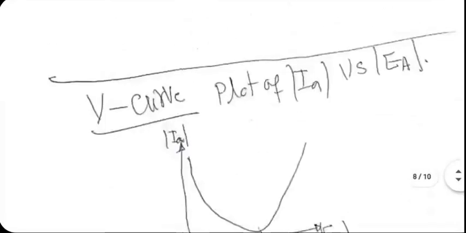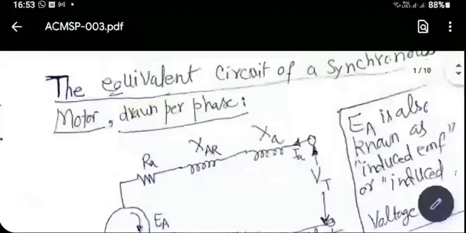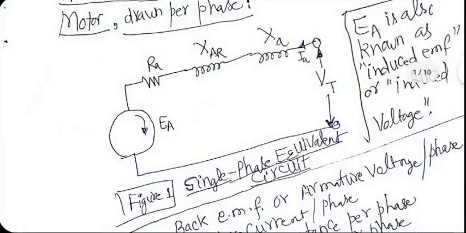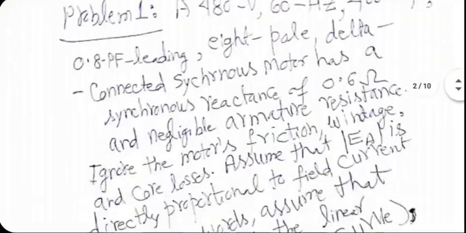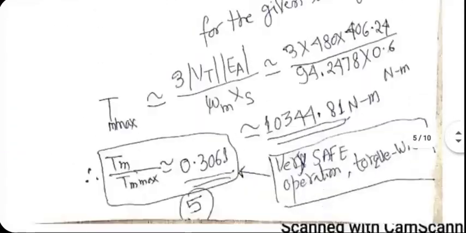And if you look at the equivalent circuit that we had drawn in the beginning, if RA is 0, you have simply XS, which is the sum of XAR and XA in the circuit. And you may want to see this derivation in books also. I've just put a gist of it here.